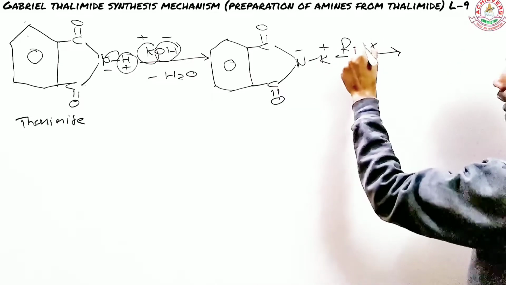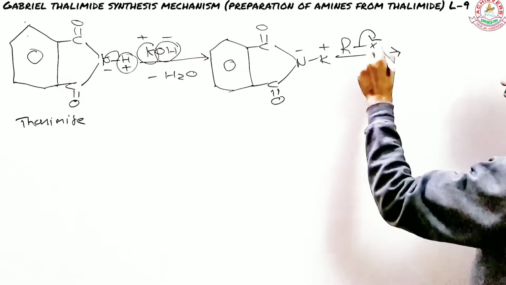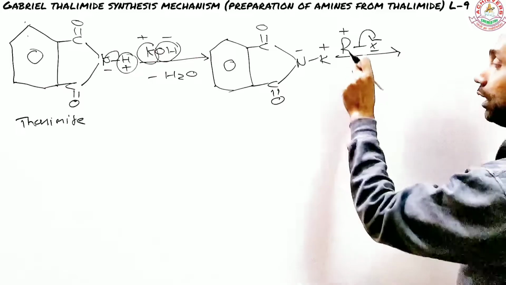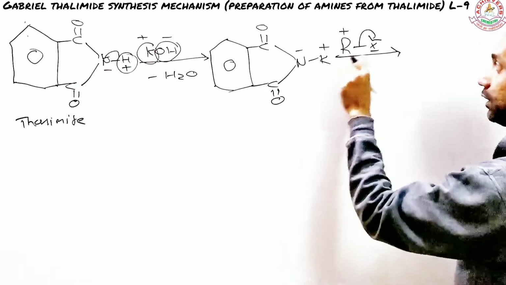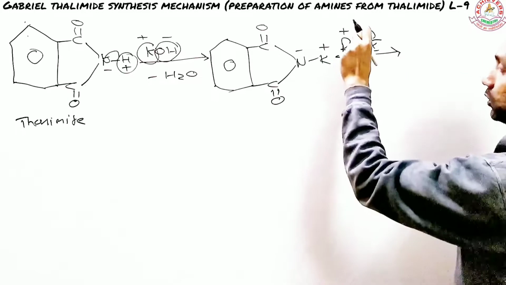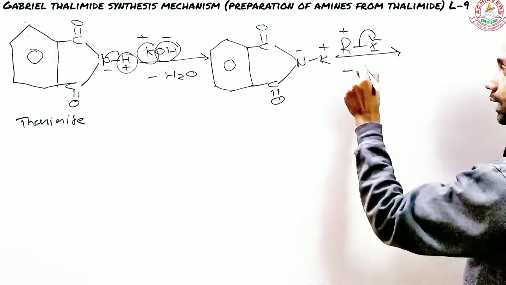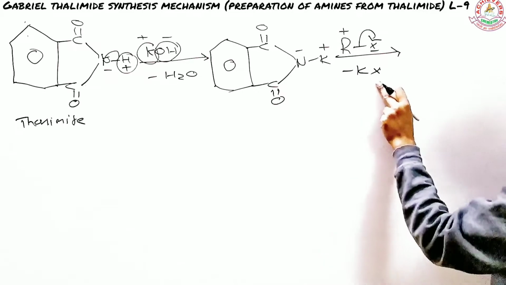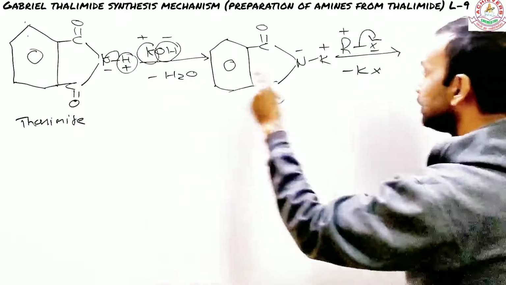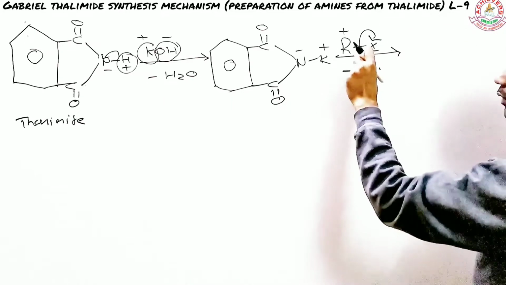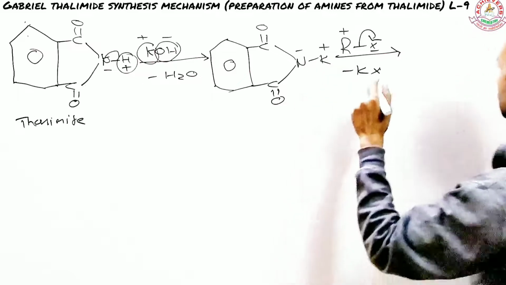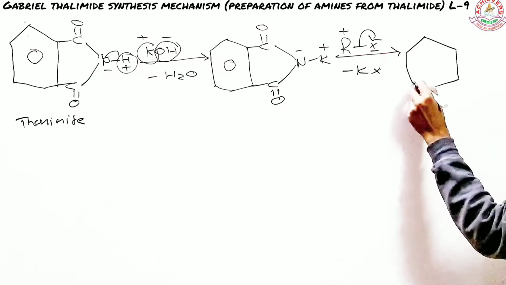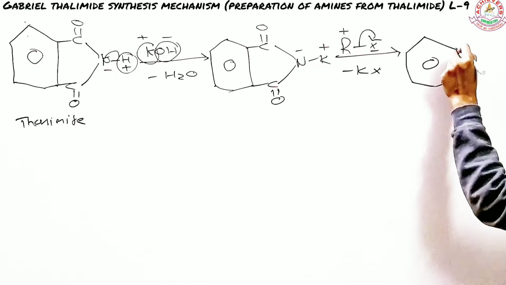If the bond is broken, X forms a negative charge and R forms a positive charge. So you need to interact K with the negative and N with this positive. So you get KX, your very first salt coming out. So you get the first byproduct here, the second byproduct right here, and then R will take the place of the potassium. So you get the third sequential development here.